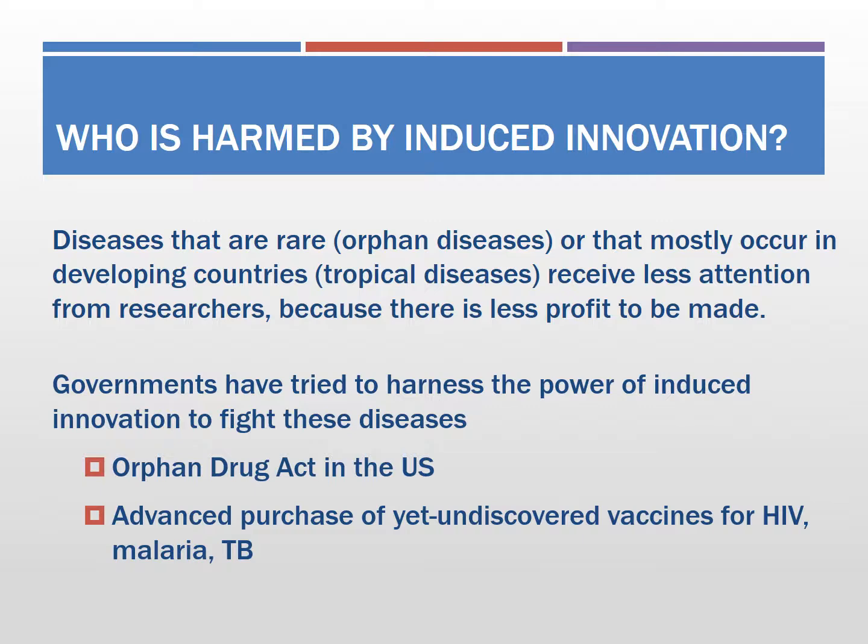For example, diseases that rarely happen in the population, diseases that are hardly found but very difficult to treat, or diseases that only happen in developing countries where people don't have the wealth to pay for vaccinations or treatments. Those are the people who basically don't get the benefits from induced innovation, because those are areas where profits can hardly be found.